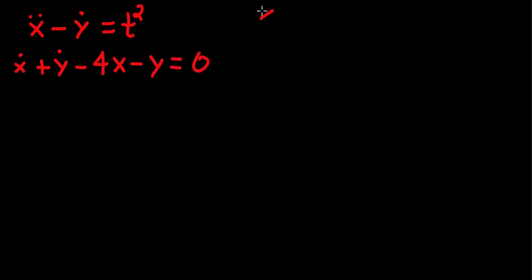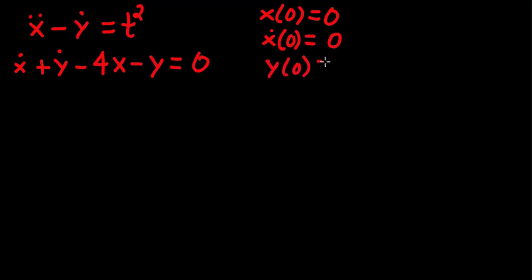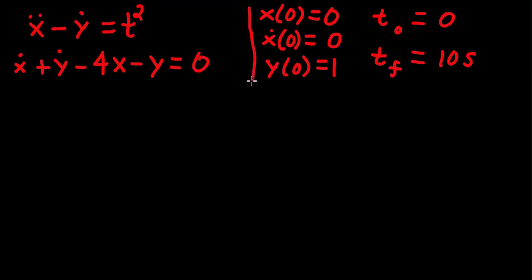And we have initial conditions, x of 0 equals 0, x dot of 0 equals 0, and y of 0 equals 1. This tells us that our initial time is going to be 0. And let's look at what happens until a final time of 10 seconds. So all this holds our initial conditions and our time span.